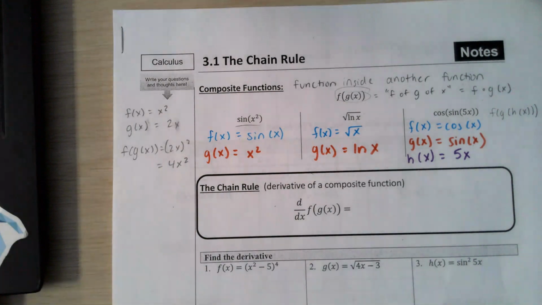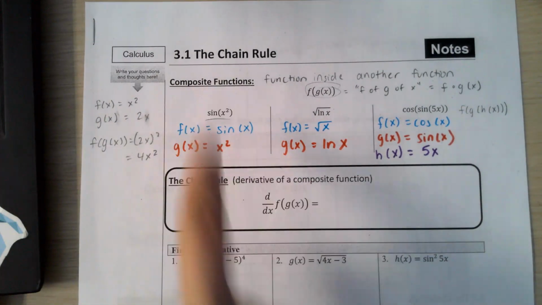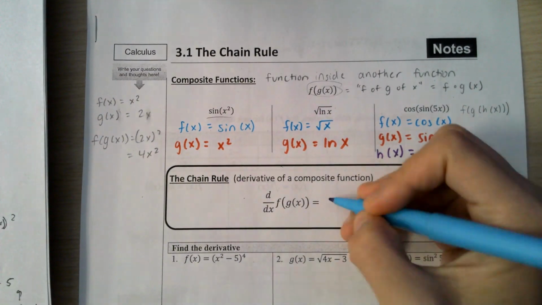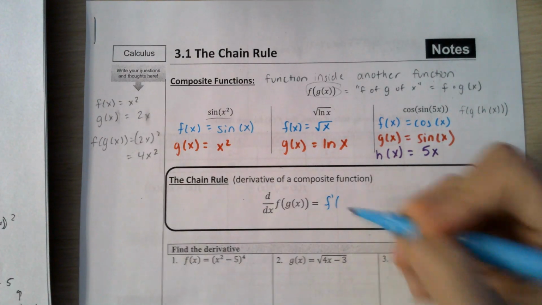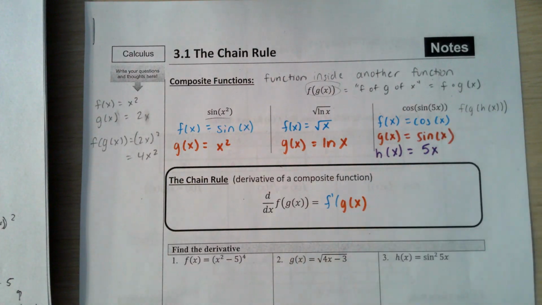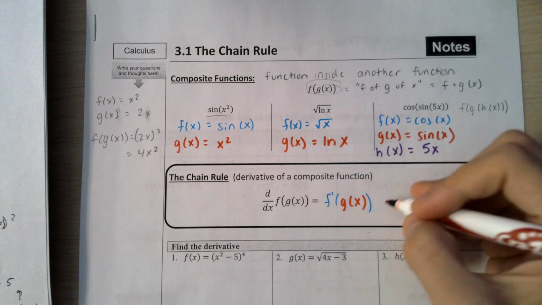Okay, so the whole point of the chain rule, which is the derivative of a composite function, is we have f prime of g of x times the derivative of g of x.